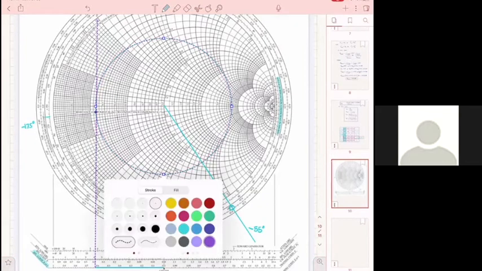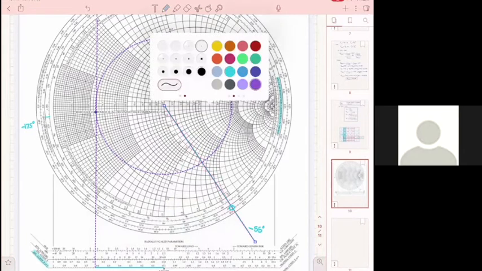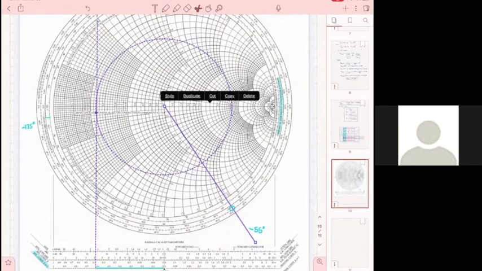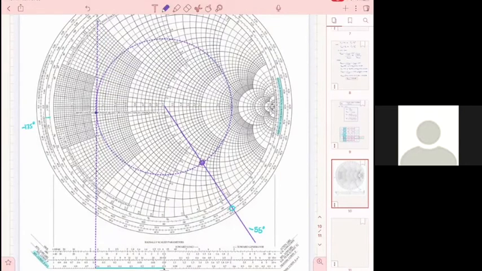And then you will find where this circle, if the angle were to be minus 55, I will make it also purple. All right. Then your center is here. That's the center of your gain circle. There's a big difference between the two.